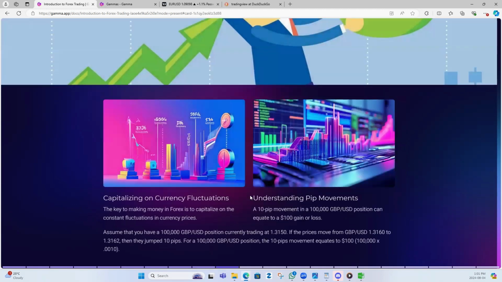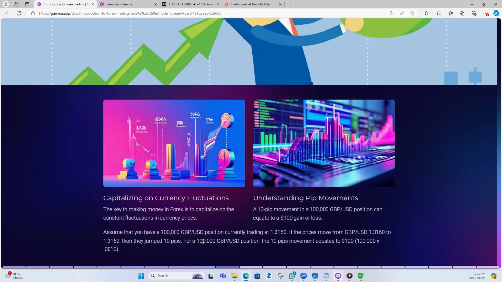So basically, how can you make money? Of course, you can make money by the fluctuation of the currency movement, right? Like I explained, in this example, if you're buying $100,000 worth of British pound US dollar, and it is trading at 1.3150, and the price goes to 1.3160, which is an increase of 10 pips.